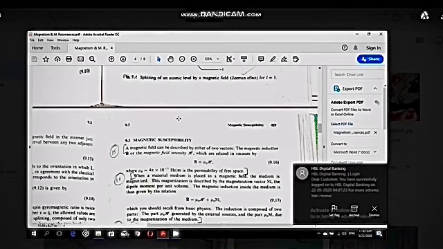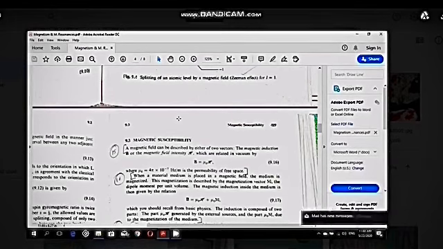Okay, and this equation 9.17 you should recall from basic physics. The induction is composed of two parts, the part mu naught H generated by the external sources and the part mu naught M due to the magnetization of the medium.